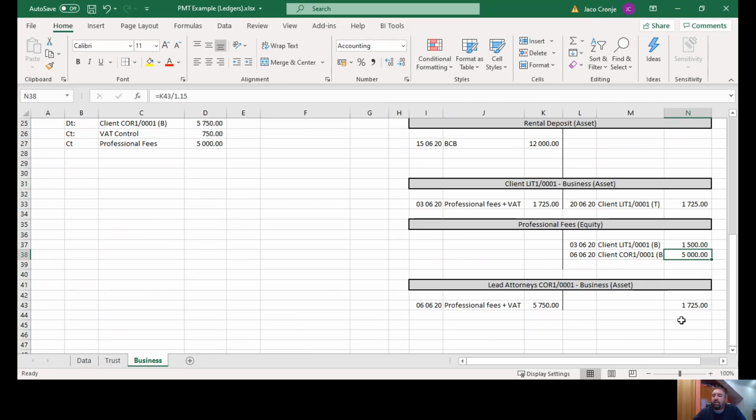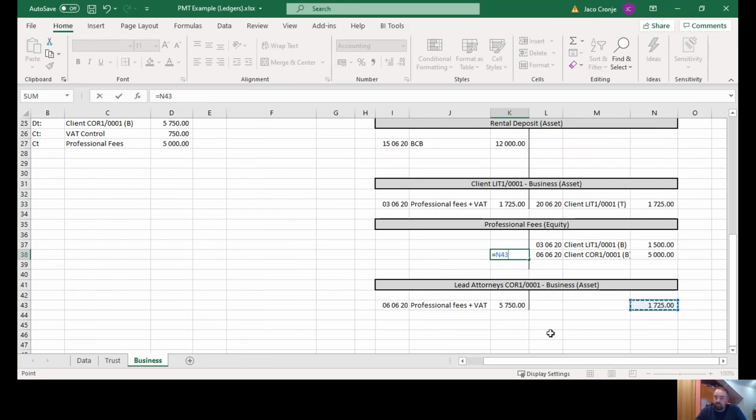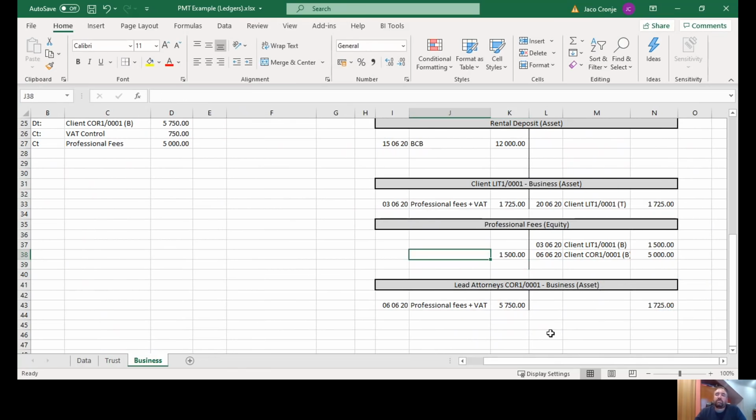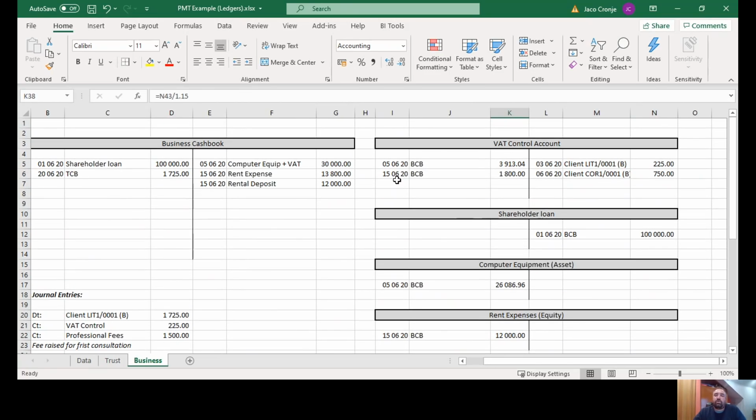Is that correct? That's not correct because I have to give this discount to them. So I haven't increased my value by the full 5,000 Rand. So if this is the credit, I now need to enter a transaction there for the ex-VAT amount, the agent's allowance. That will happen on the same day. And to balance out my journal, I'm short of 225 Rand on the debit side, and that will go there.